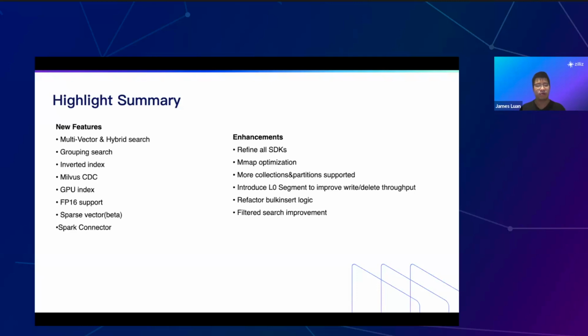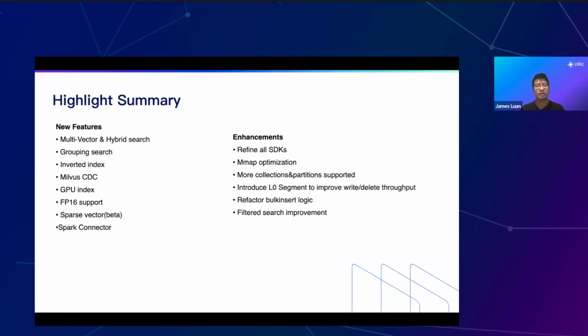We support grouping search, which is a great functionality for RAG applications. We support an inverted index on top of the scalar data, so when you do filtering, it helps accelerate it. We also support fuzzy filtering, so you can use regular expressions to do those filterings.